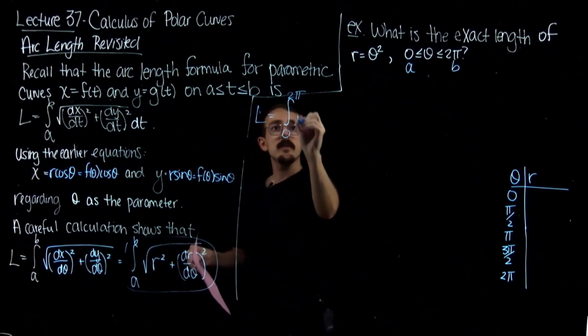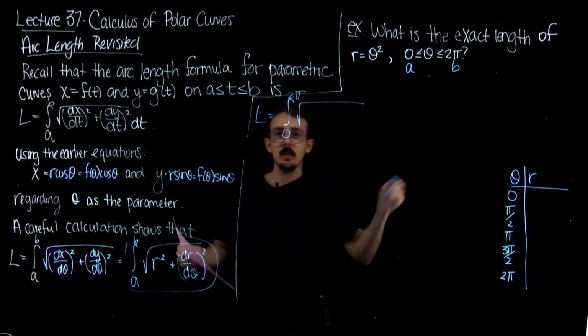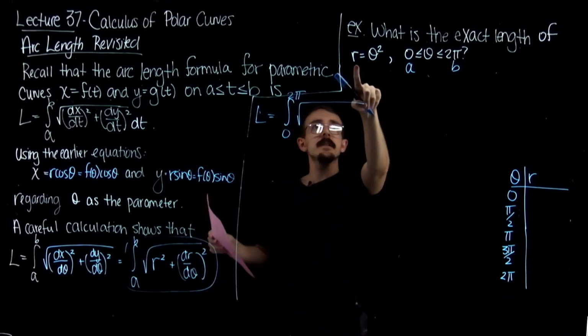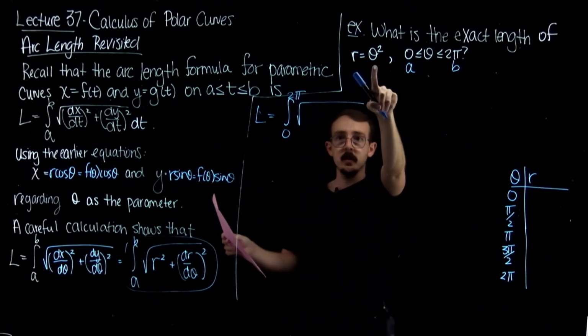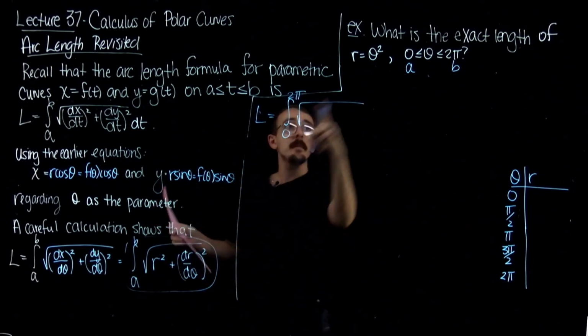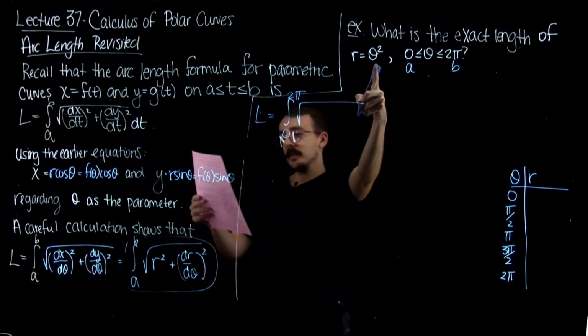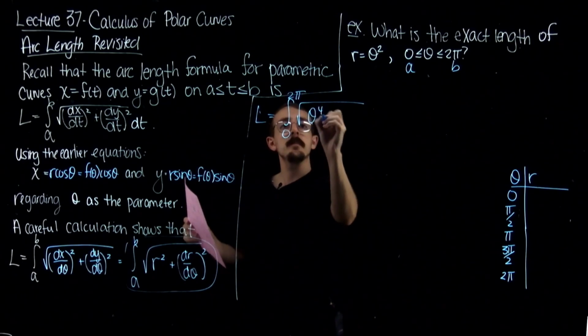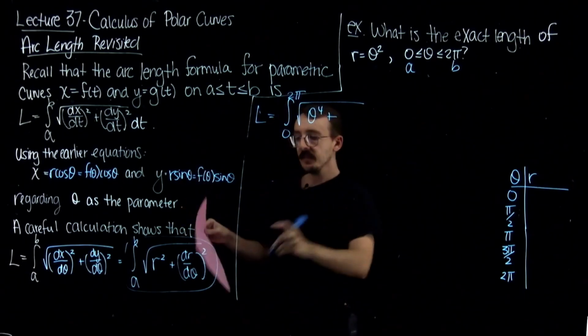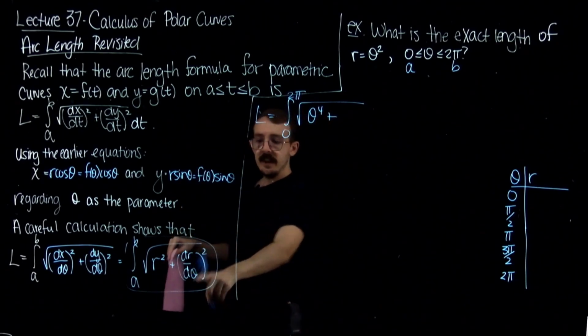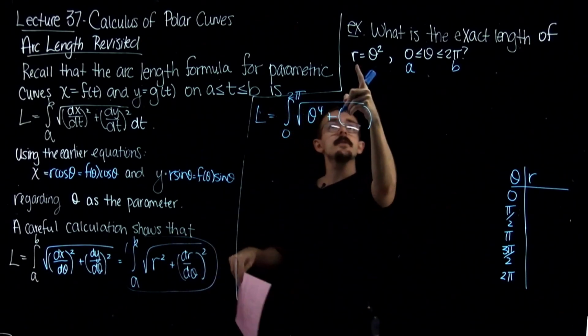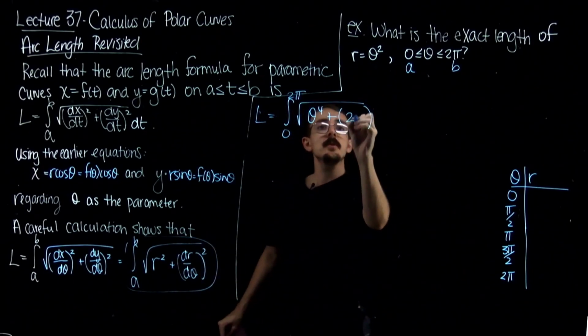We have the square root. What is r squared this time? Our formula is r equals theta squared, so r squared would be theta squared squared, which is theta to the 4th. What is dr d theta? The derivative of r with respect to theta is 2 theta.